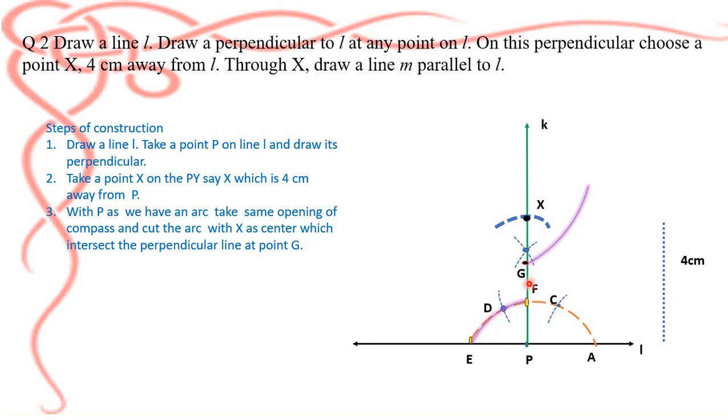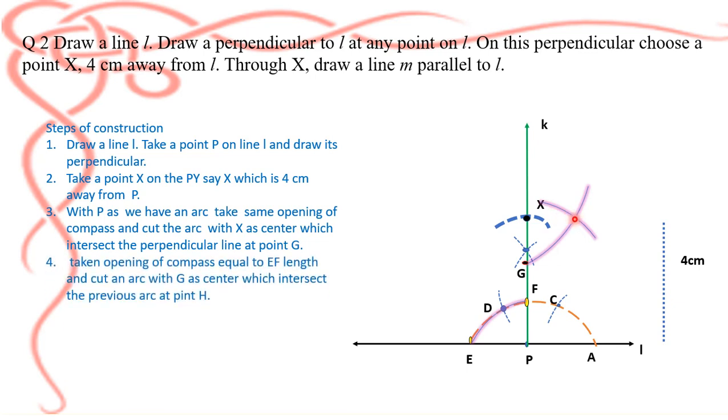Then place the pointer at point G now and cut an arc. It intersects the previous arc at this point. Give it the name H. Now join X to H. We get a line. Give it the name M, which is parallel to the given line L.